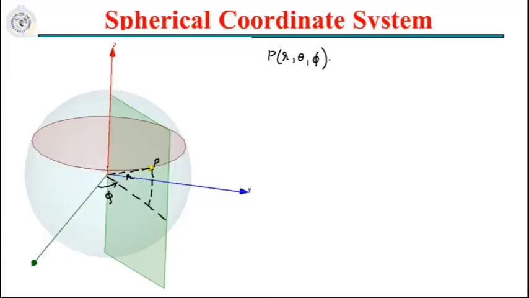Now here you see that we have our point with r and phi distances, and this is our theta. So this completes our definition of a point for the spherical coordinate system.